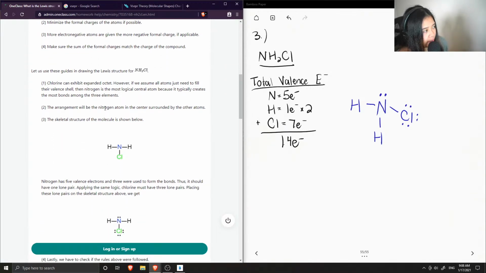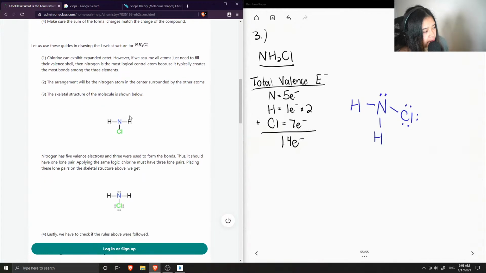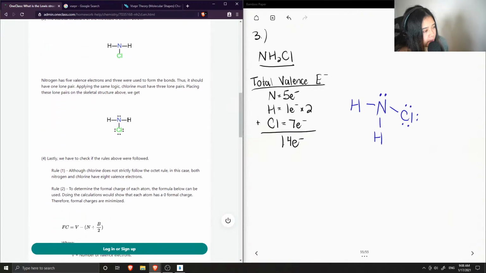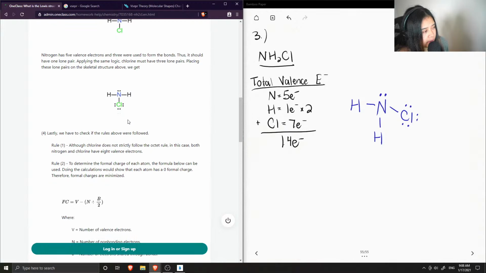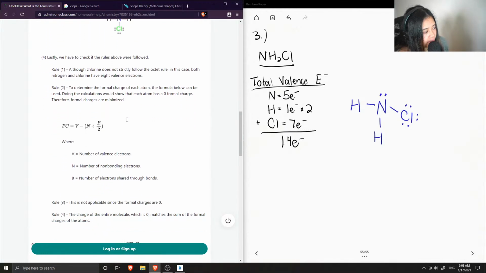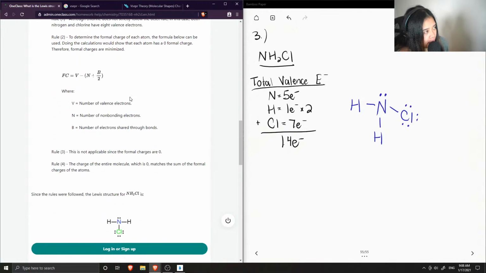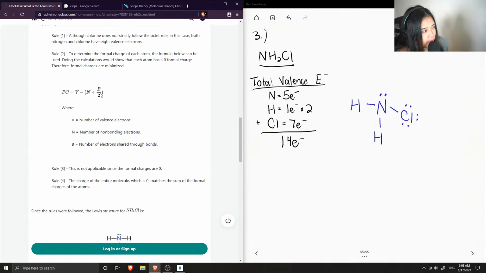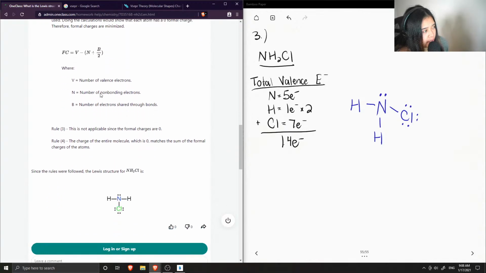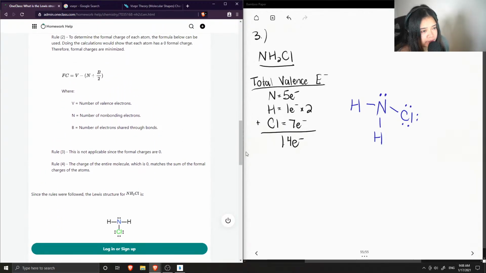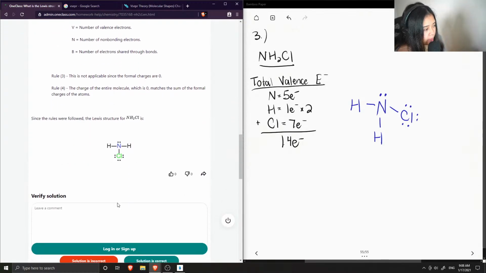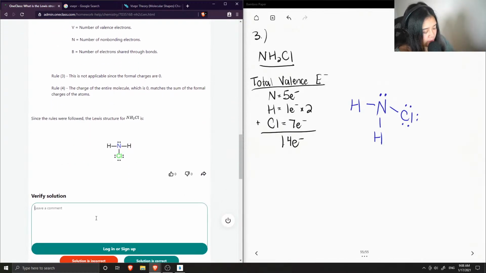And now they have their example. And they got the same Lewis structure I did as well. And they also have the equation for formal charge, which is helpful. But if we were to calculate it for all of our atoms, we should get a formal charge of 0 for all of them. So the solution is correct.